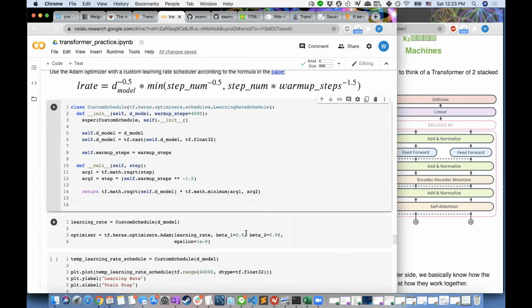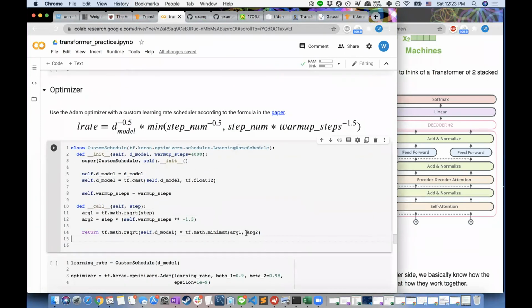They call it warm-up step, but I believe it has to do with how you increase and decrease your learning rates. Each step is an update, one time of gradient descent. So you probably change your learning rates so that they increase for 4,000 steps, 4,000 updates. Then you decrease.